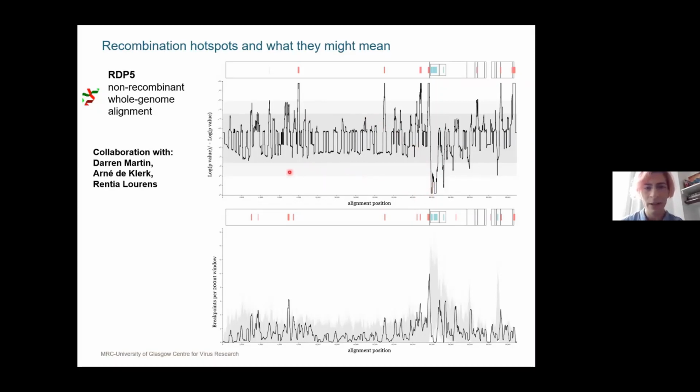And there's a few places here that you can look at, and this is the open reading frame schematic. So this long one is ORF1AB, and then you get spike here.